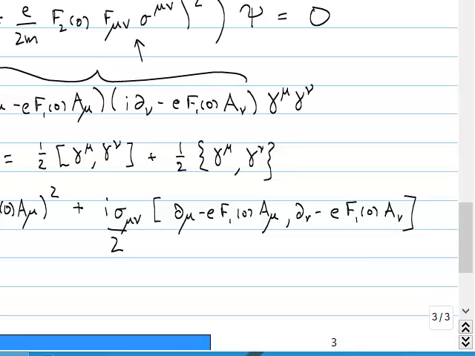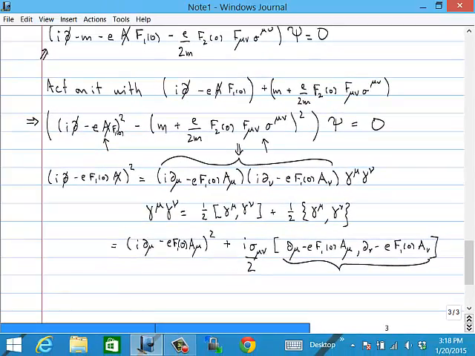This uses the fact that the antisymmetric part of this object is just 1/2 times the commutator of those two. And what is this commutator? Well, d_mu commutes with d_nu, A_mu commutes with A_nu. So all you're left with is the cross term, the commutator of d_mu with A_nu, i.e. d_mu A_nu minus d_nu A_mu, which is otherwise known as F_mu nu, the field strength. This is e F1(0) times the field strength.